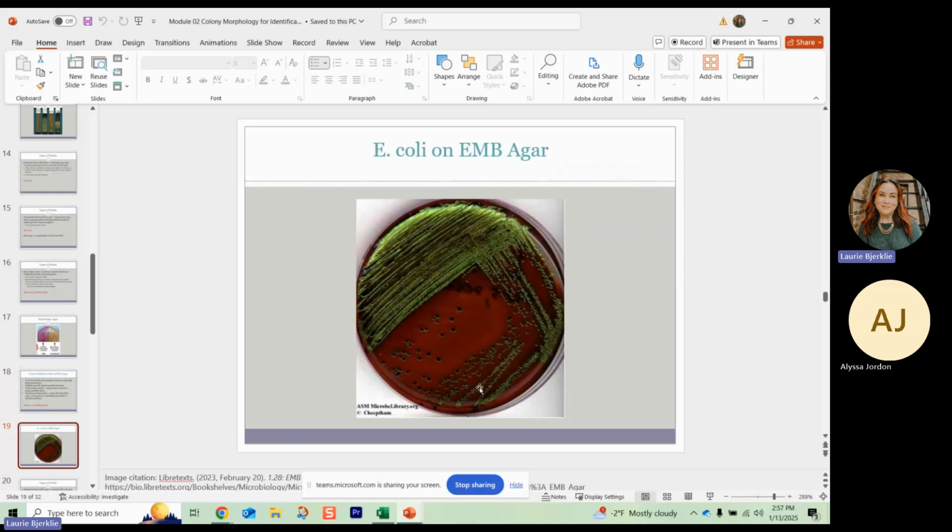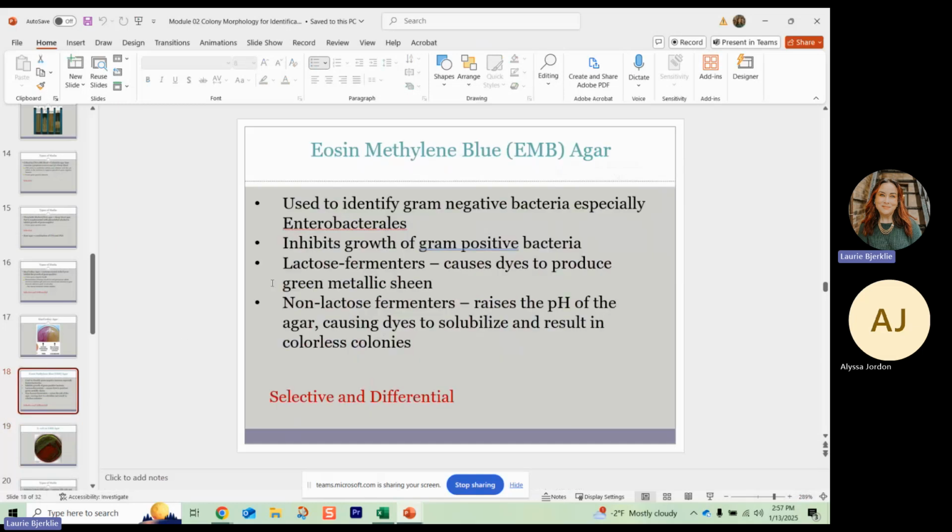Look how pretty that is. Hey, it's not fun to have E. coli, but it's pretty. That green metallic sheen tells us that is a lactose fermenter. So I would remember that, especially that E. coli also does that. And then non-lactose fermenters are just colorless on there.